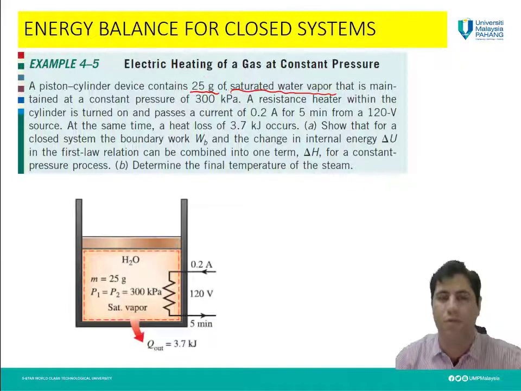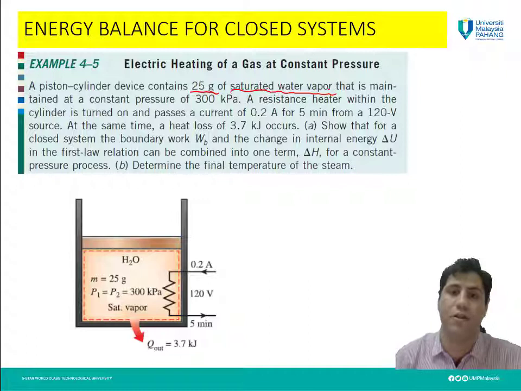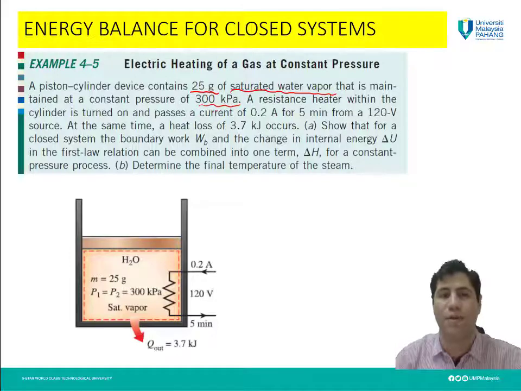So this is important information about its initial state. It contains 25 grams of saturated water vapor that is maintained at a constant pressure of 300 kilopascal. So the pressure for the process will be constant. We have a constant pressure process. Initial pressure is 300 kilopascal, and final pressure also will be 300 kilopascal. P1 is equal to P2.